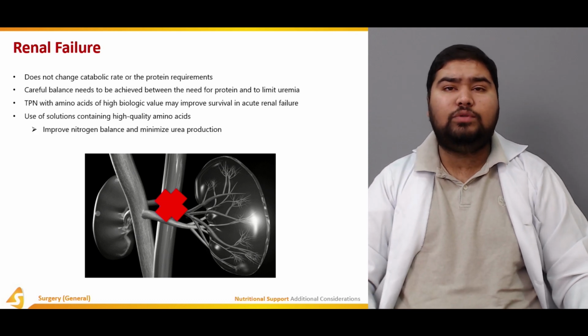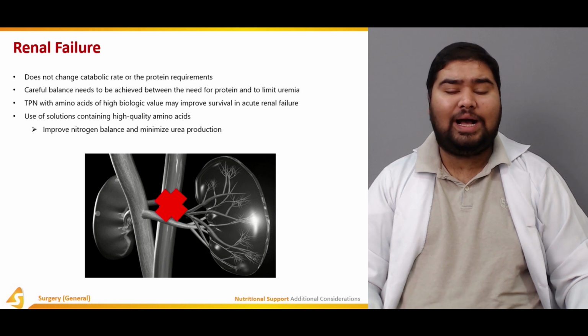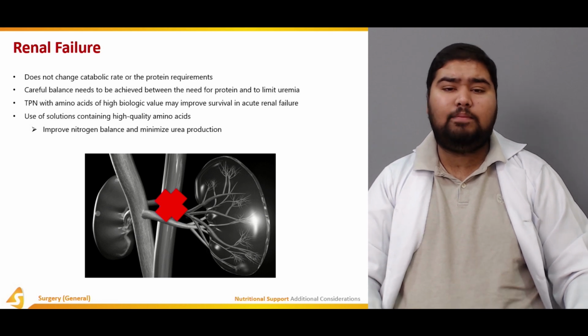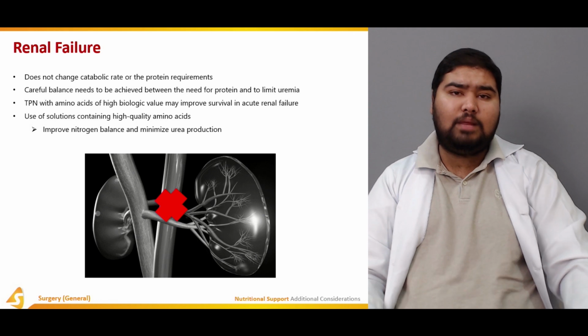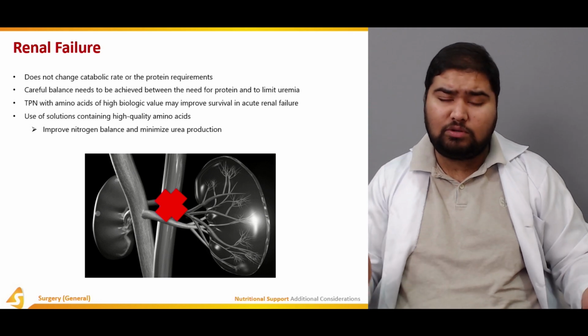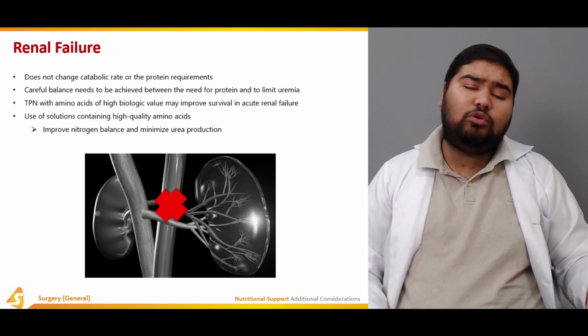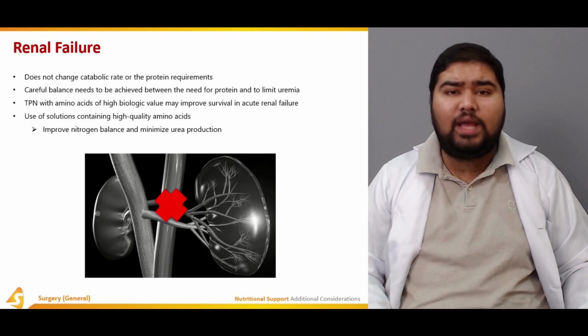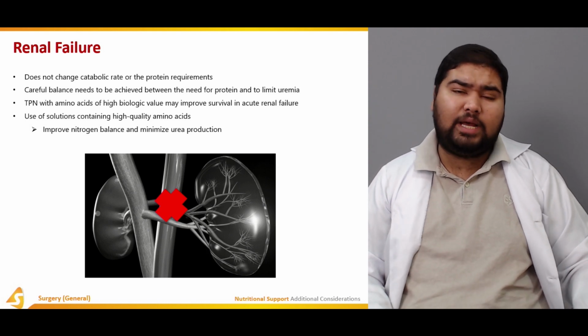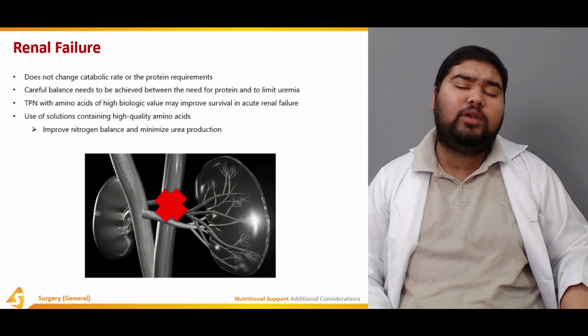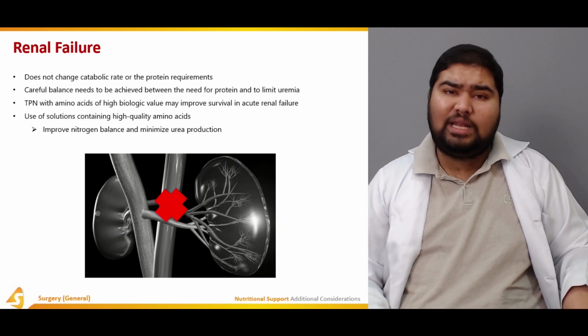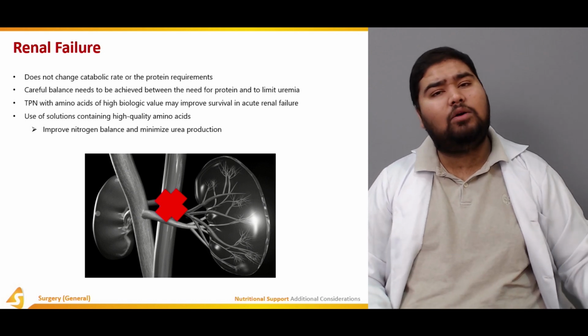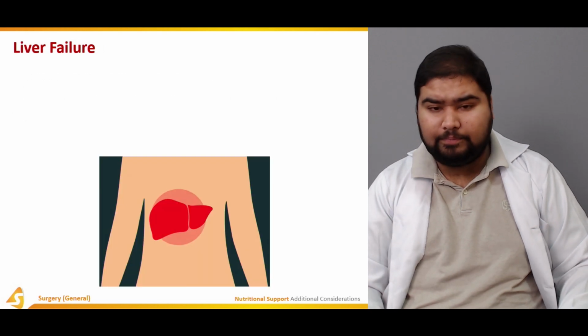Now, users of solutions with high quality amino acids improve the nitrogen balance and minimize the urea production. So you need to achieve a balance. You should always give specific high biological value amino acids so that they can be incorporated into the new proteins that are being built. At the same time, they cause minimum uremia.